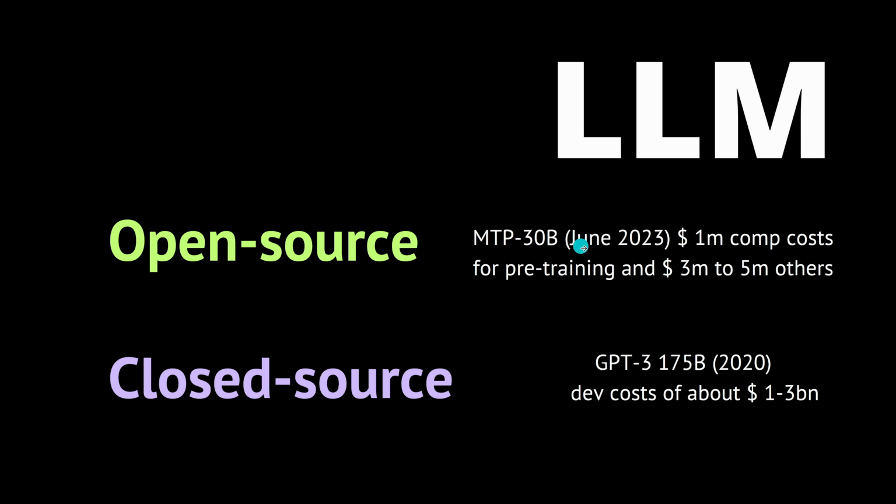Today, and I'm speaking here at the end of June 2023, our latest model is, what a coincidence, MPT 30 billion, which I will show you a little later. It cost more or less 1 million US dollars of pure computing cost for the final pre-training of the model.